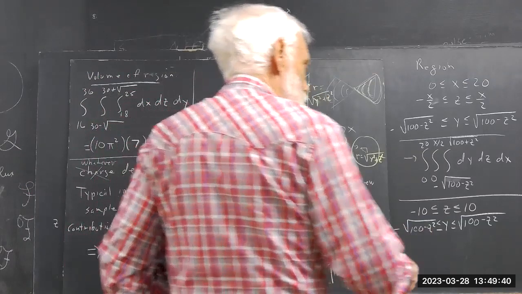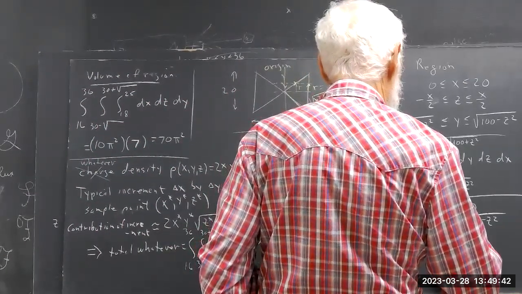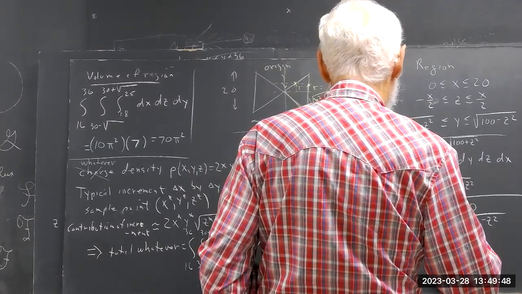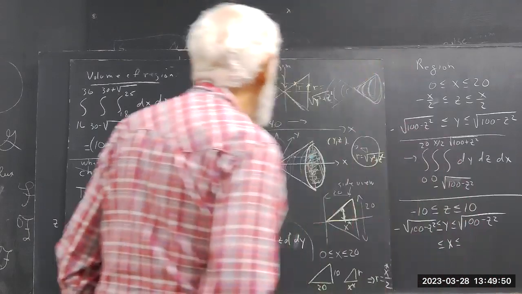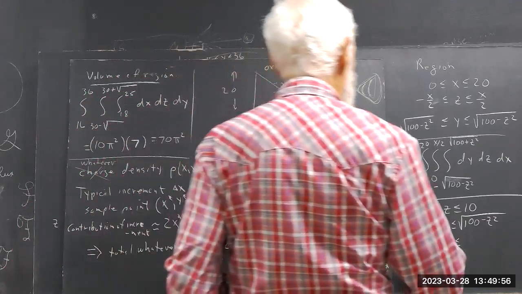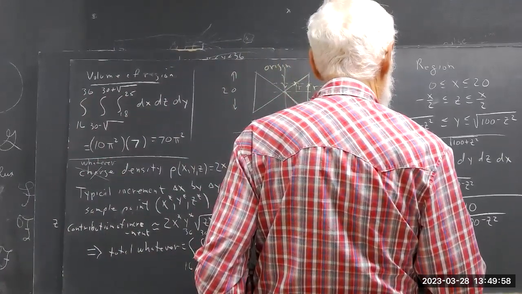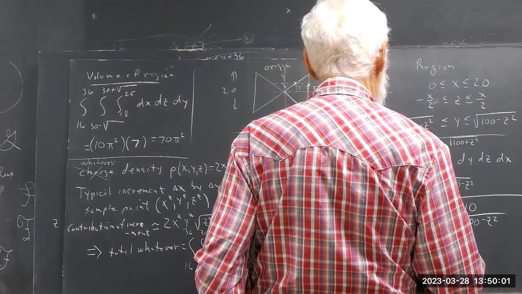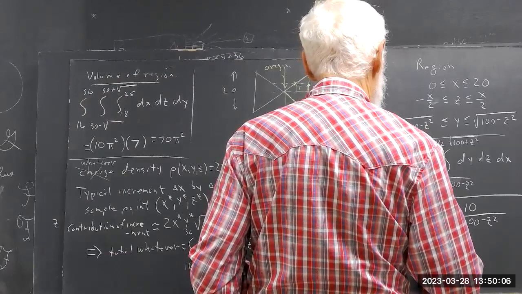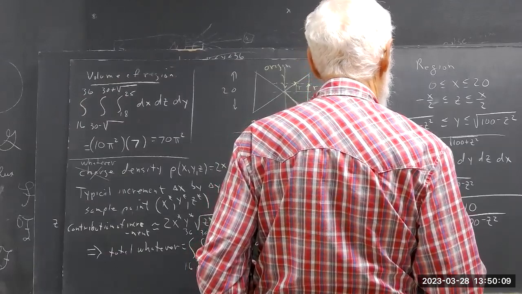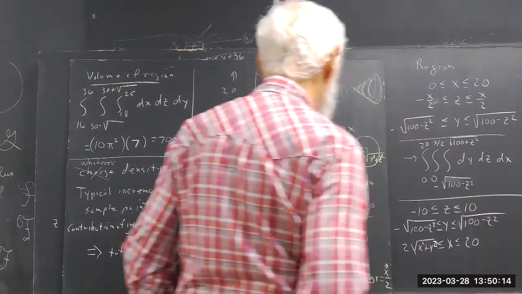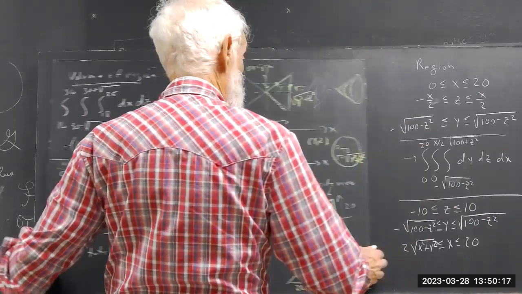So then we can say, and I think I said that kind of wrong, but anyhow, x is going to go from 2r, I'm going to write 2 times the square root of y squared plus z squared, up to 20. I'll try to make that a little clearer.